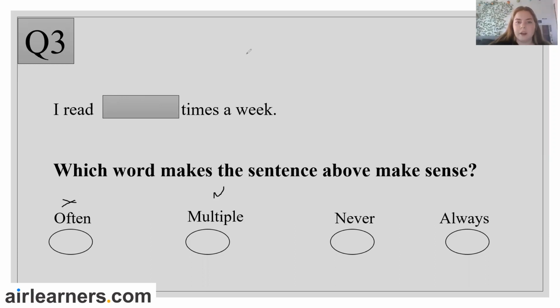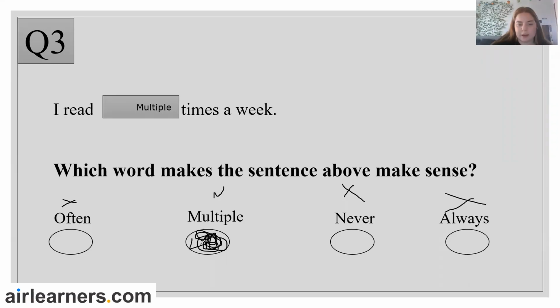I read never times a week. Does that make sense? No. Or I read always times a week. Does that one make sense? No. So the answer here is I read multiple times a week. So let's fill in our little bubble.